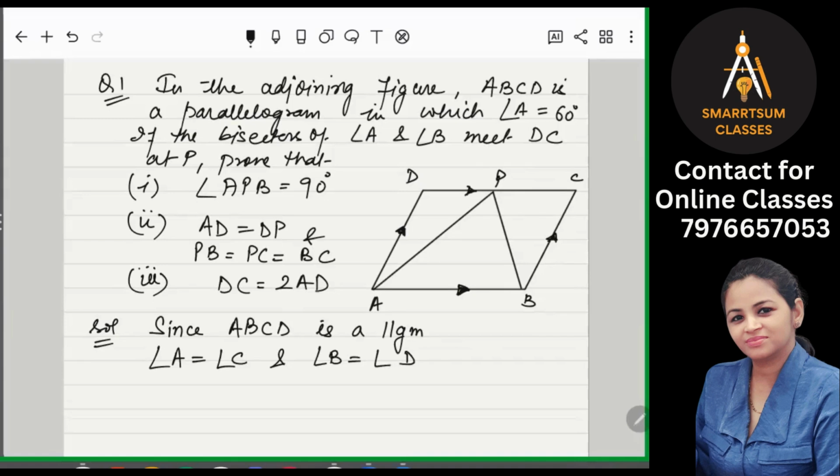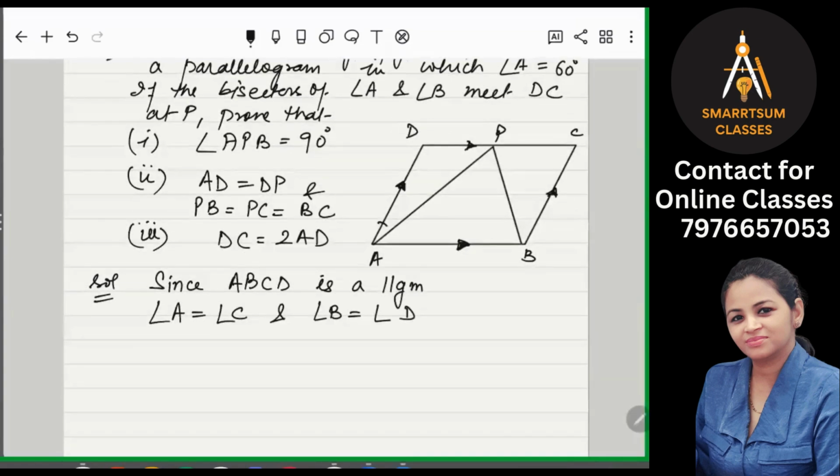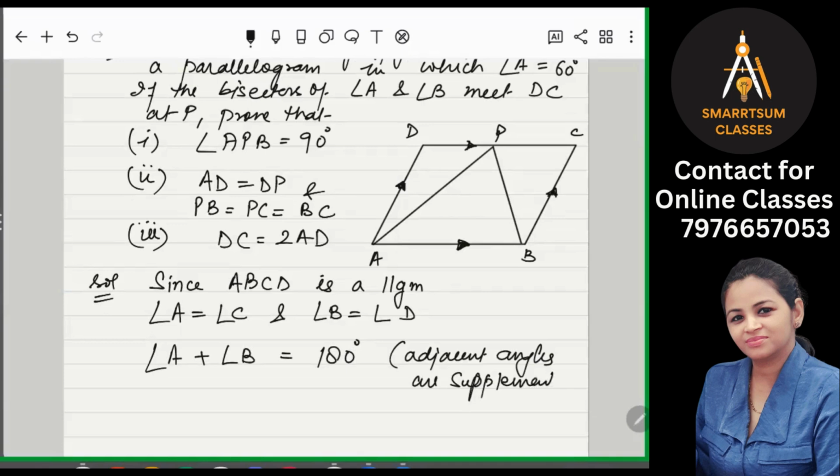And if you look at angle A and angle B, for a parallelogram the adjacent angles are supplementary. In a parallelogram, adjacent angles are supplementary, because these are co-interior angles. And here you can write opposite angles of a parallelogram are equal, right?